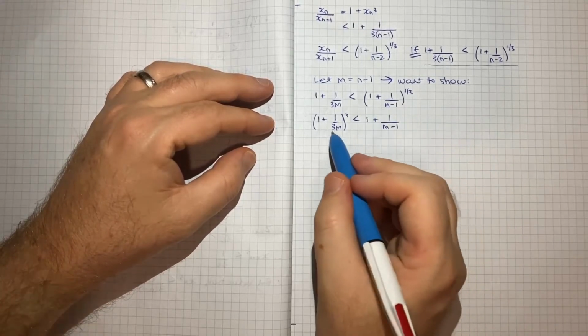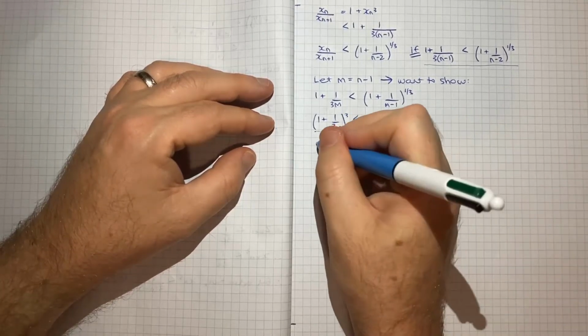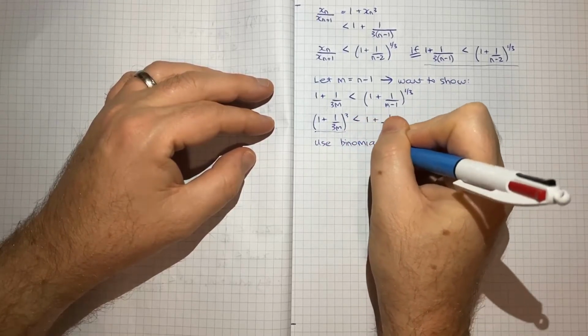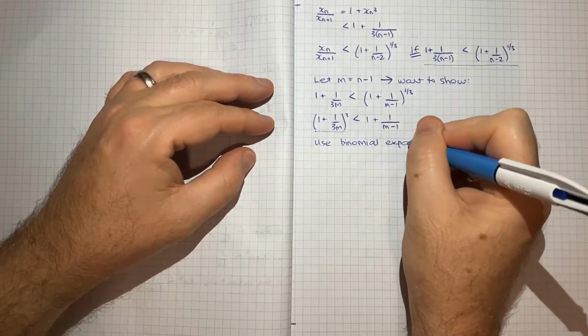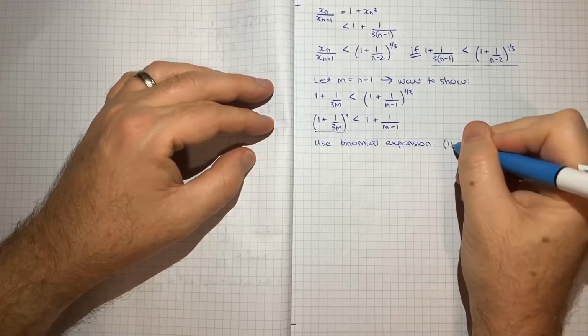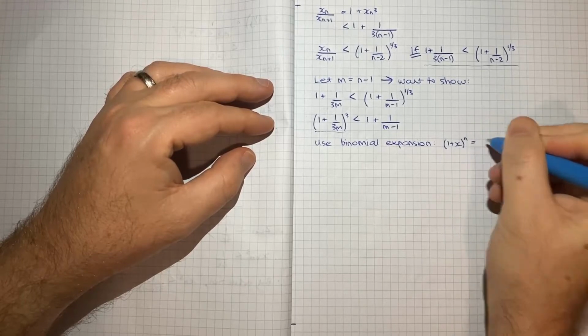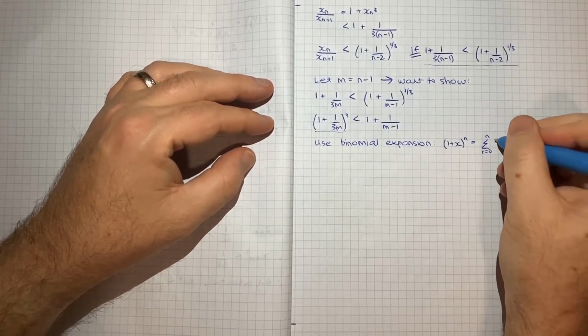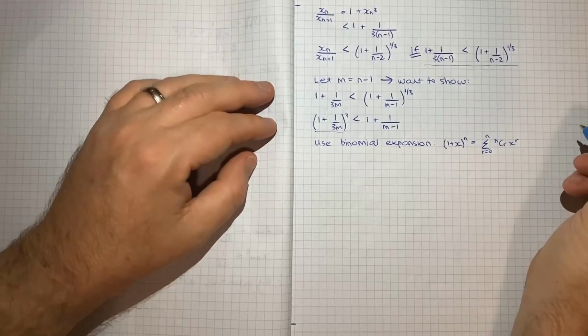And now if I focus on this left hand side and we use the binomial expansion, which you would have seen in my prior video where we were working through step 5, we know that 1 plus x to the n can be rewritten as the sum from r equals 0 to n of nCr x to the r.